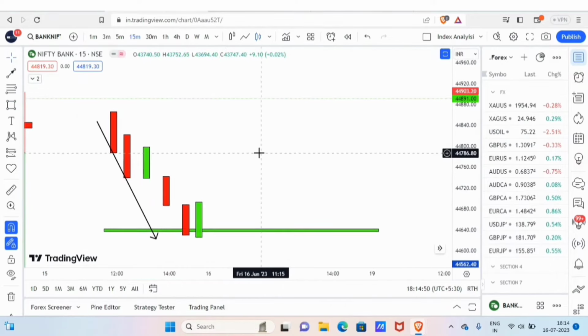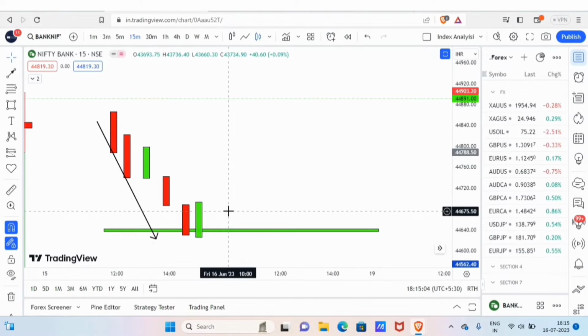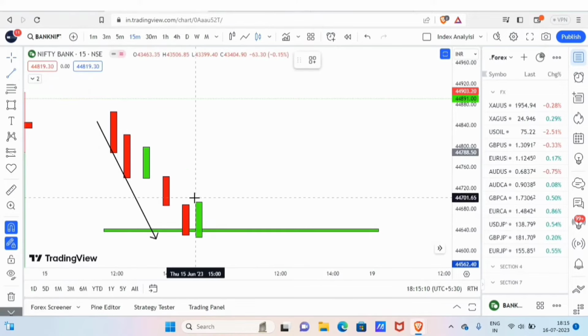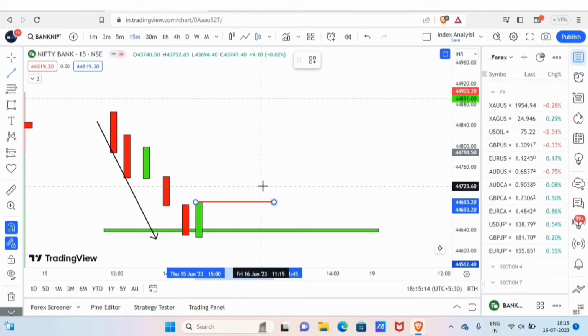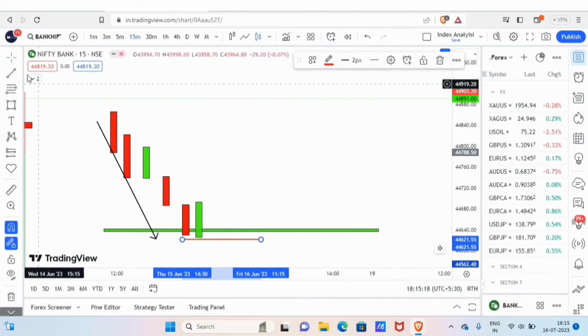In such a scenario, it means that the sell is invalidated and the buyers have taken control, and it also happened in the demand zone. So this is a clear sign of breakdown failure. In such a case, aggressive traders can go buy above this high and keep the stop loss below the low of this candle.